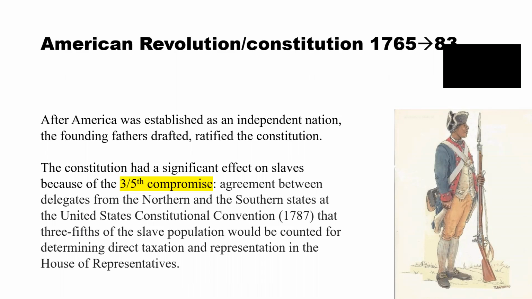It's basically saying that when calculating the population of a state, a slave will be counted as 3/5 of a person. This will be really important decades later when the United States is trying to balance the power between northern and southern states in the House of Representatives and also in the Senate.